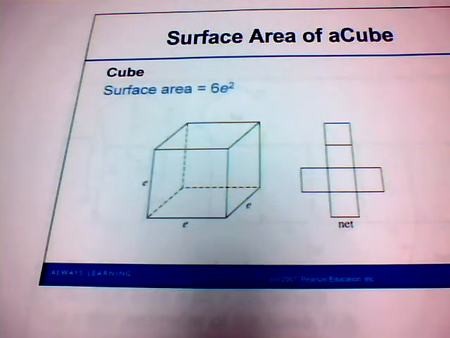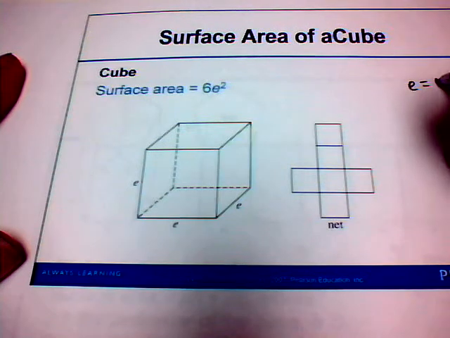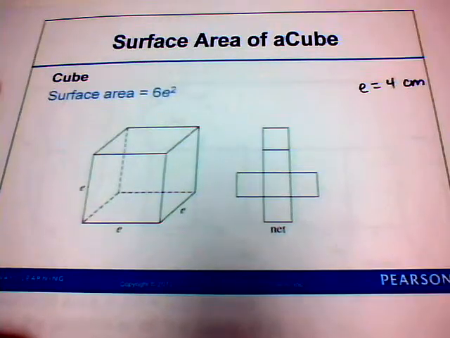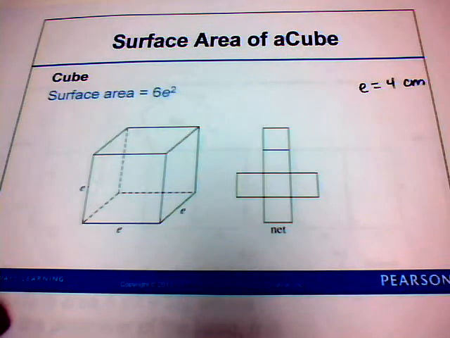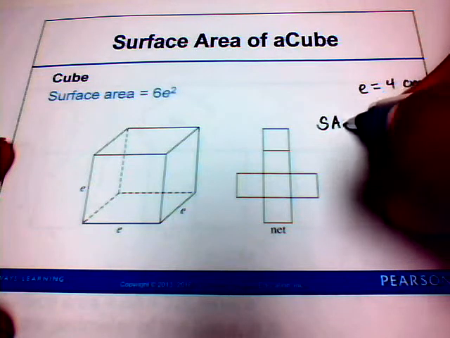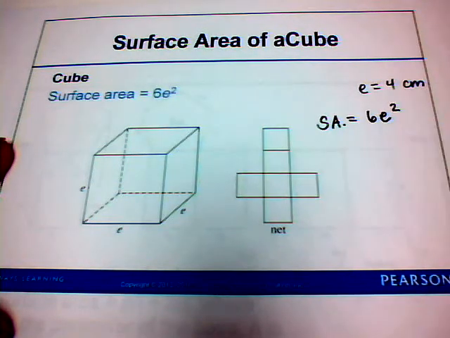So in this case, let's say that the edge of this cube is 4 centimeters, and I want to find the surface area for that cube. So here the surface area is equal to 6 times e to the second.